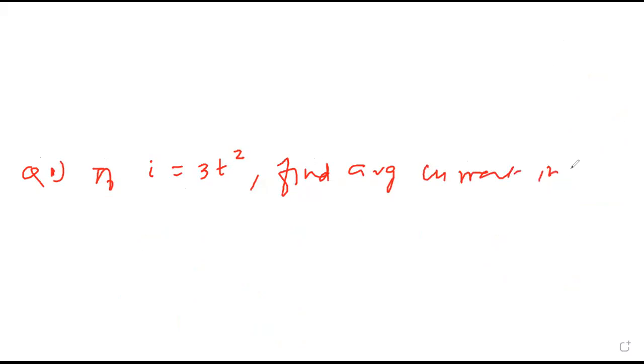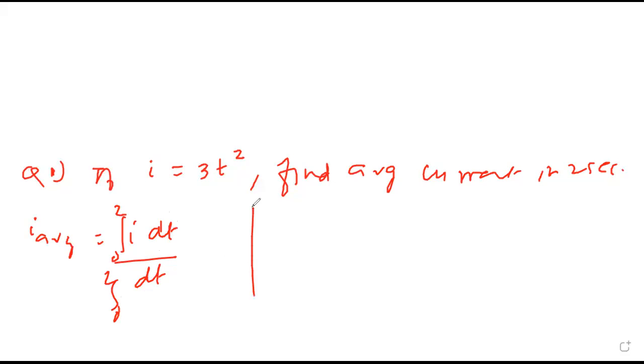So I average is the integration of I dt upon the integration of dt, from 0 to 2 seconds. This becomes 3t square dt from 0 to 2, over the integration of dt from 0 to 2.